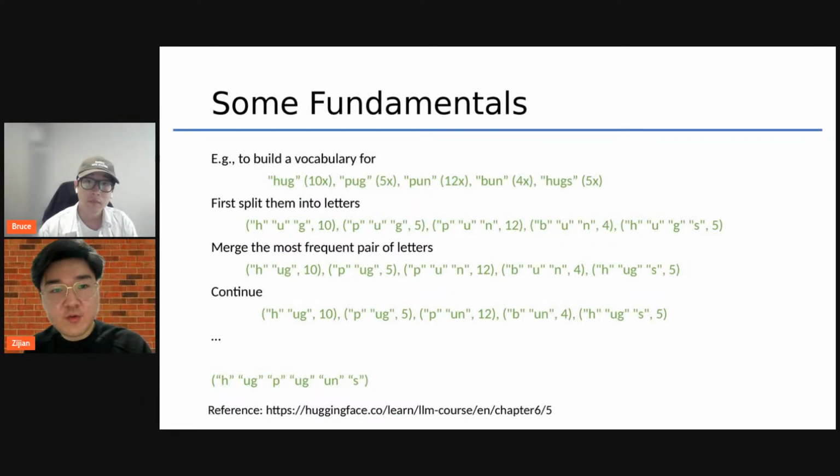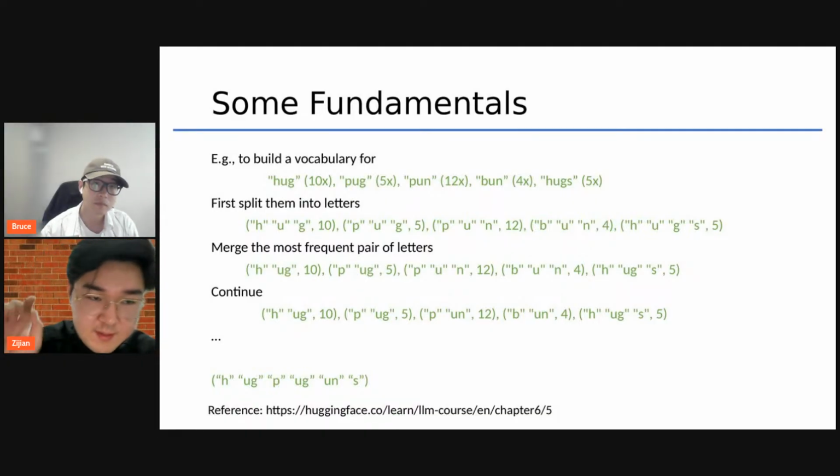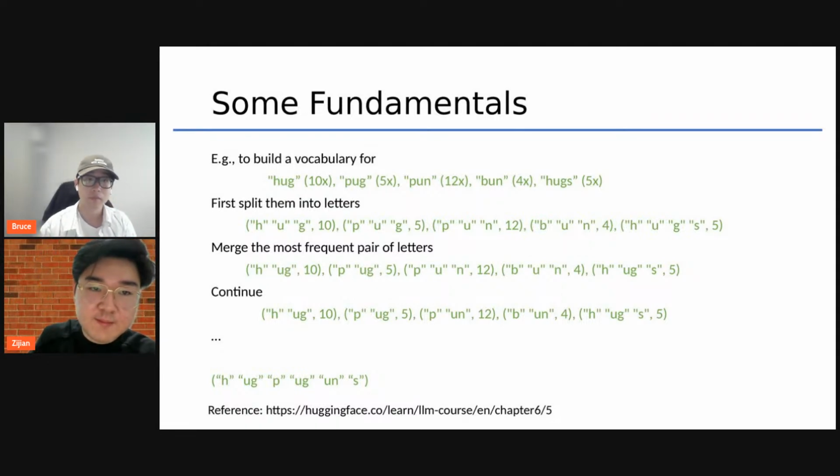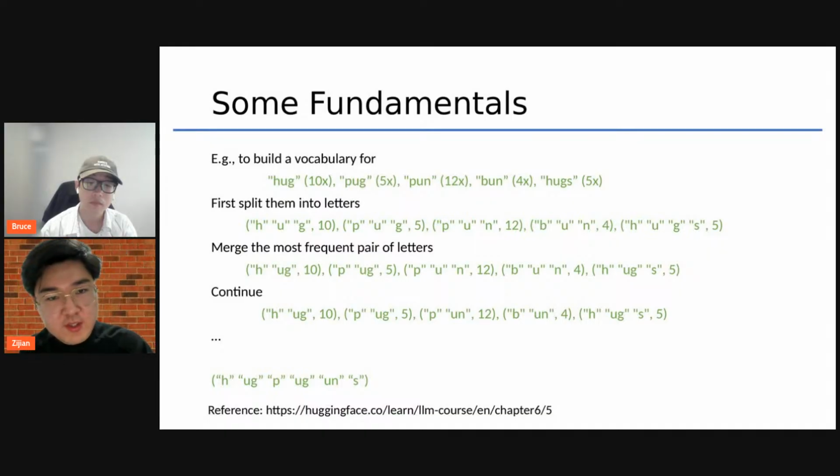So how can we do this? According to the BPE method, we first split every word into letters. So here I'm splitting hug, pug, pun, bun, and hugs into letters. And then I'm going to merge the letters according to the most frequently appearing pair.